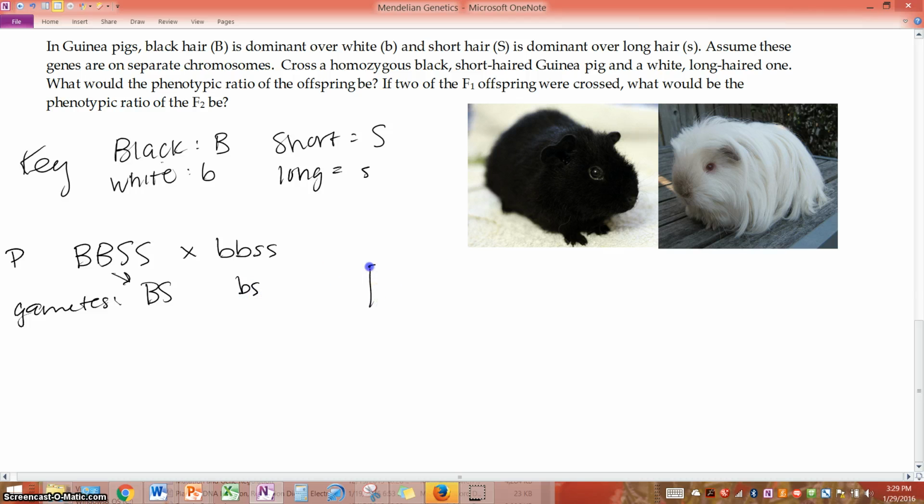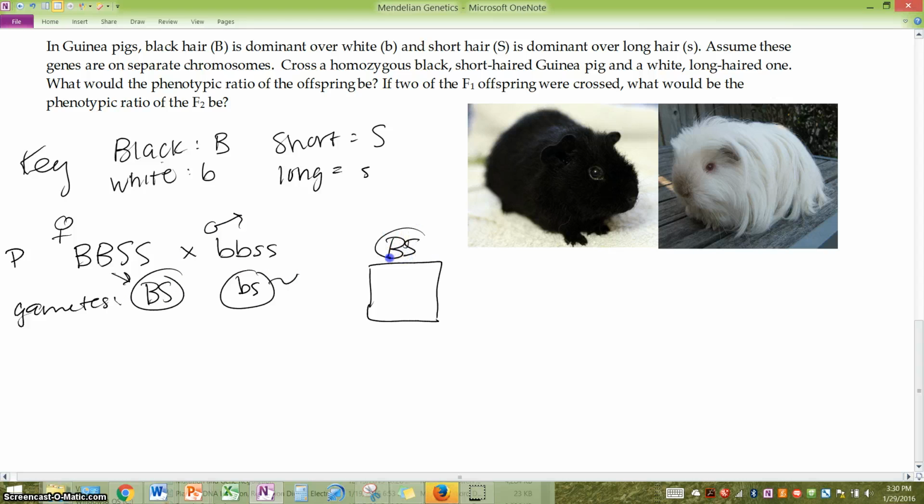So if I set up my Punnett square, remember that this is just showing all the possible offspring. If I just make this one my female, the egg, and my male, the sperm, then with the sperm and egg you get your zygote, and that's basically what a Punnett square is showing us: possible offspring based on different gamete combinations.